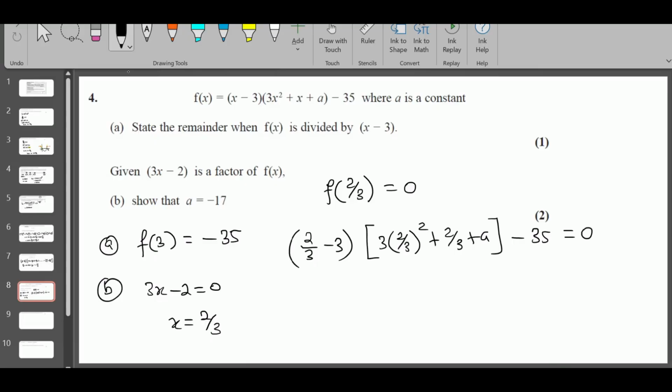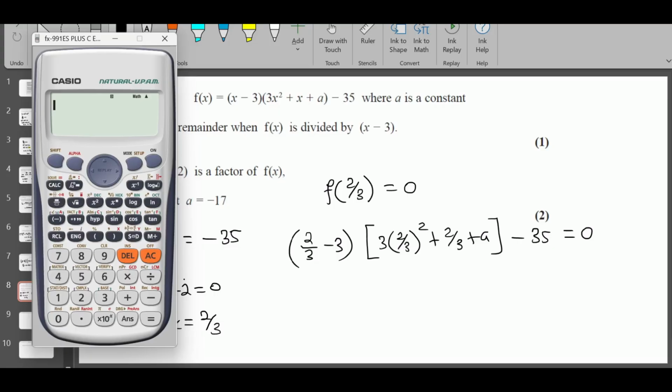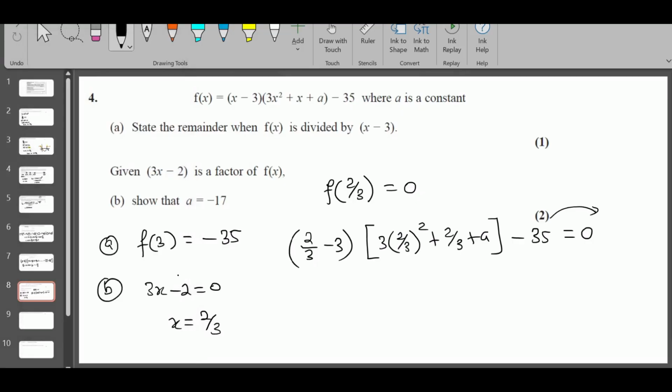And make a the subject. 2 over 3 minus 3 is minus 7 over 3. 35 goes to the other side, so we'll get minus 7 over 3 times 2 squared is 4 over 9, but times 3 when you cancel, 4 over 3 plus 2 over 3 plus a is 35.